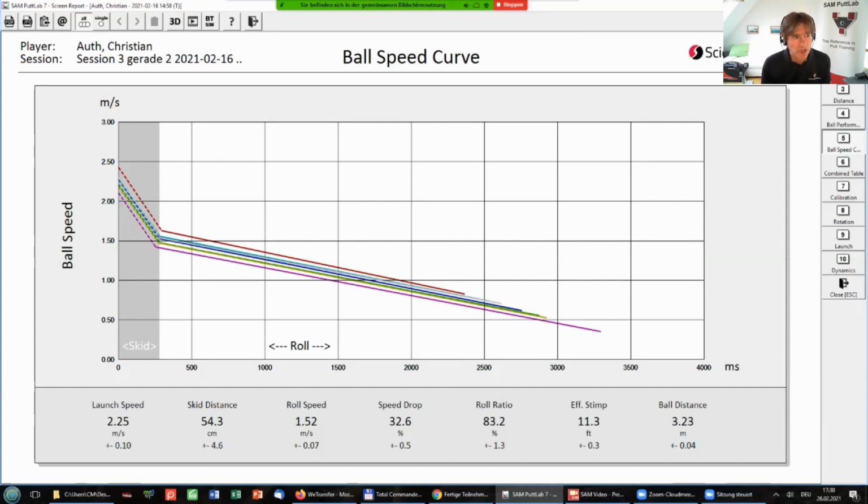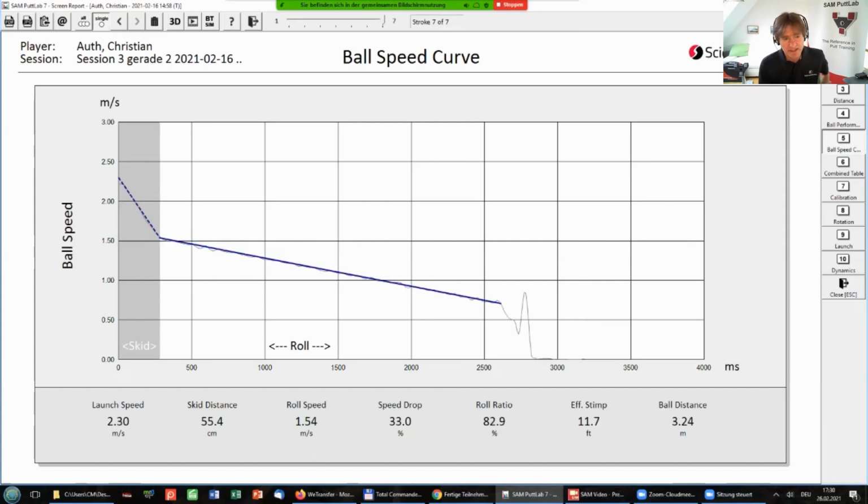And just to show you how accurate the system really is, if you see this thin gray line underneath here, this is the true ball data which is collected by the camera.